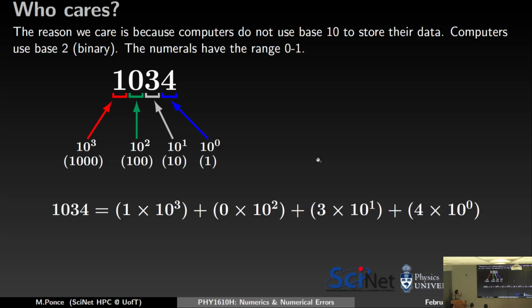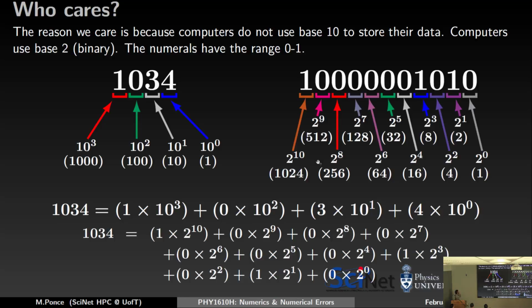So 1034, which we learned how to represent in base 7, can be represented as this long number, 10000001010, in binary base. And the logic is exactly the same. You have for each column the base, in this case 2 to the power of 0, 1, 2, 3, 4, and so on, until you fulfill the quantity that you want to represent.